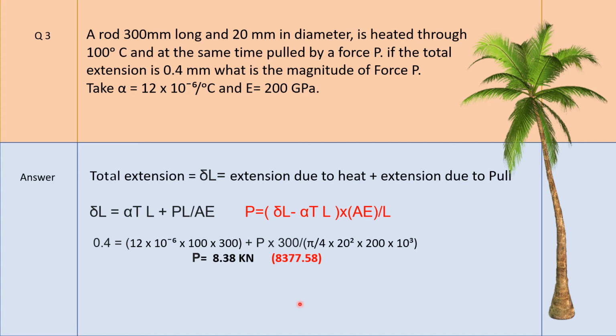You will get the answer 8377.58 or 8.38 into 10 raised to 3 Newton, that is 8.38 kilonewton.